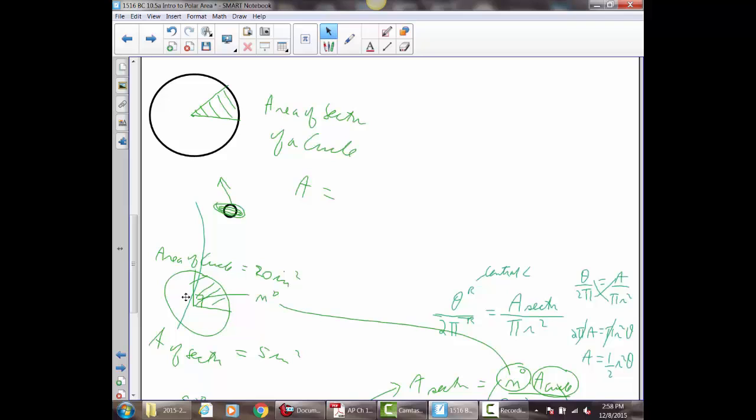Area of a sector: if I gave you a right triangle in the middle and told you the area of the circle was 20 inches squared, you would easily tell me the area of that sector is 5, because your brain would automatically go, oh, that's a quarter of the circle. The reason it's a quarter is because 90 degrees is a quarter of 360 degrees.